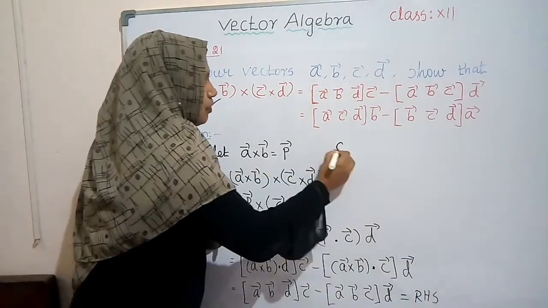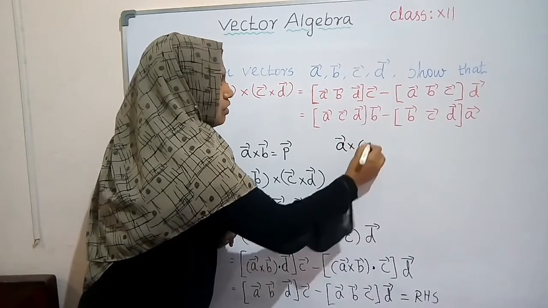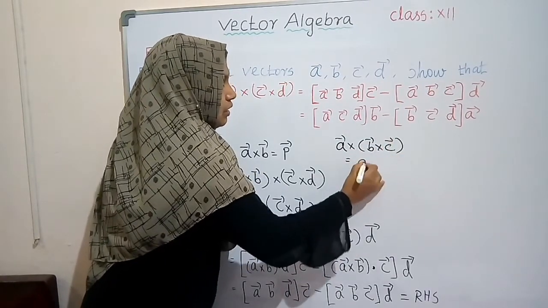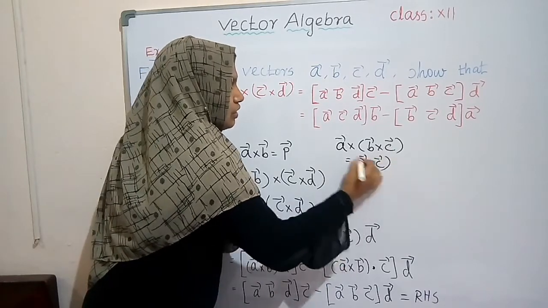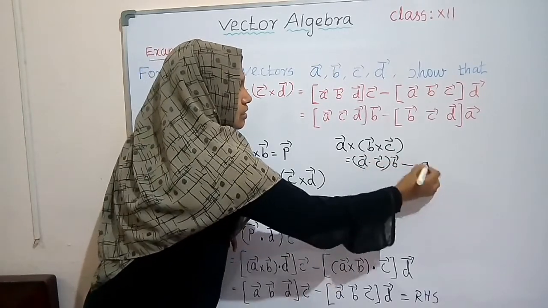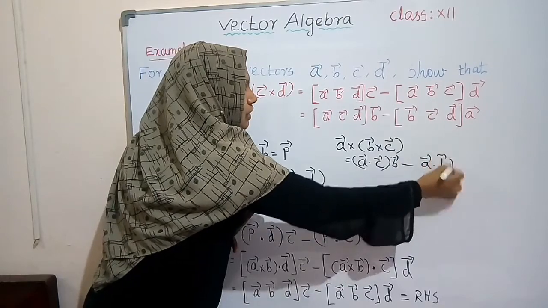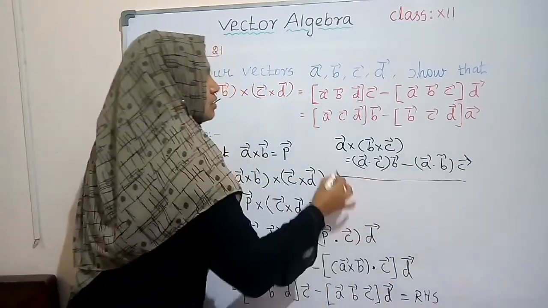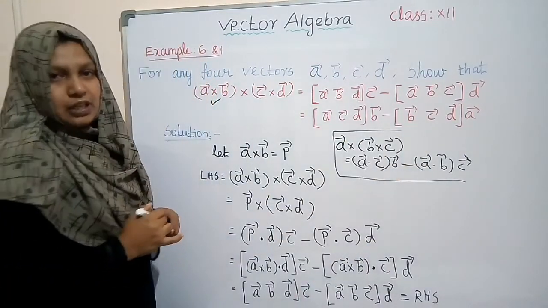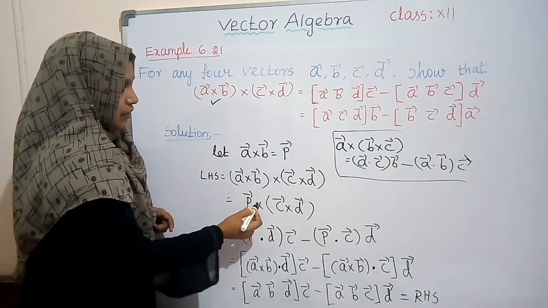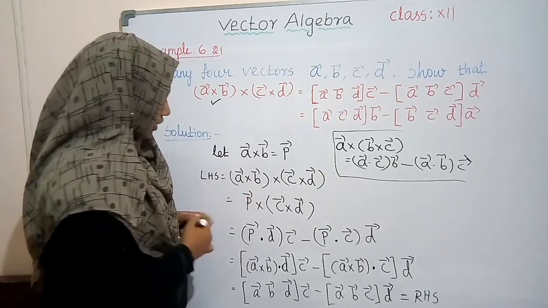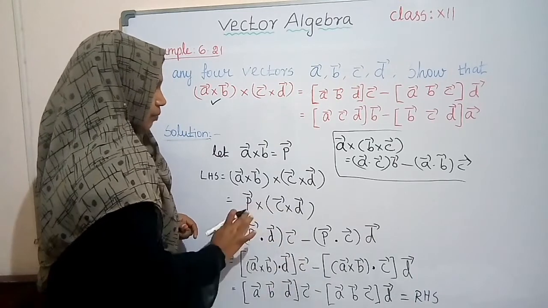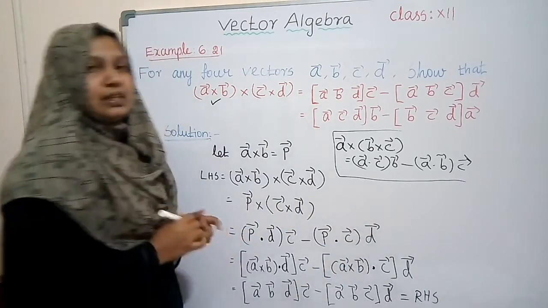In the vector triple product A vector cross B vector cross C vector, what did you learn? It is A vector dot C vector into B vector, minus A vector dot B vector into C vector. We already learnt this for the vector triple product. Apply this here for P vector cross C vector cross D vector. It is first P dot D into C, minus P dot C vector into D vector.